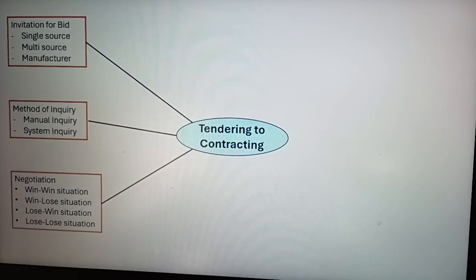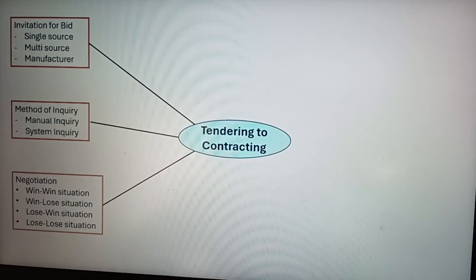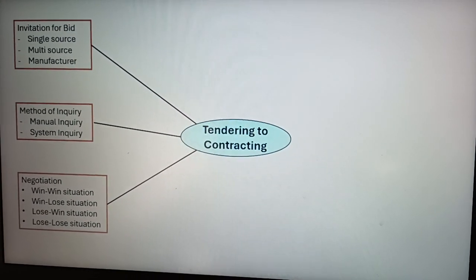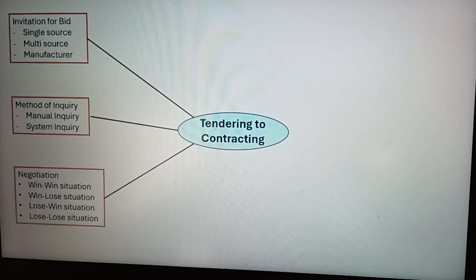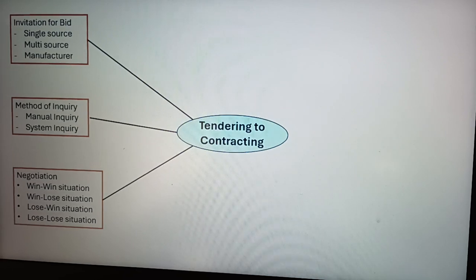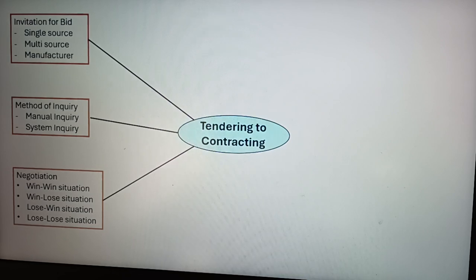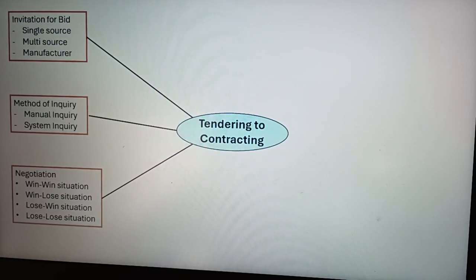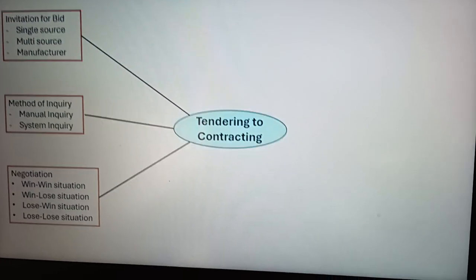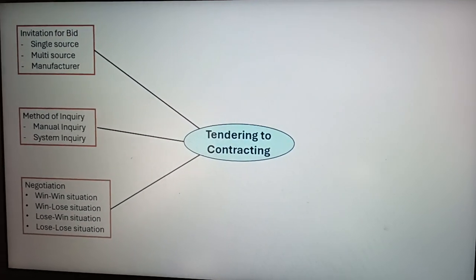There are four situations. The first situation is win-win, and first of all we talk in terms of price. Suppose the contractor gives its price with some marginal increment over the normal price; for the original price of that product it is okay, but if the contractor has more gain in terms of money, then at that time we need a negotiation.